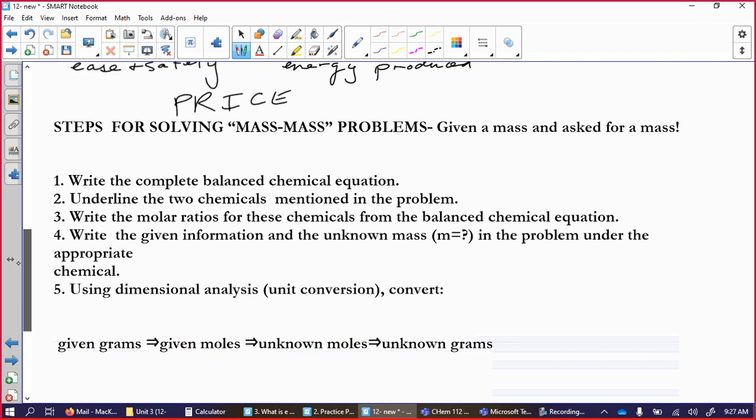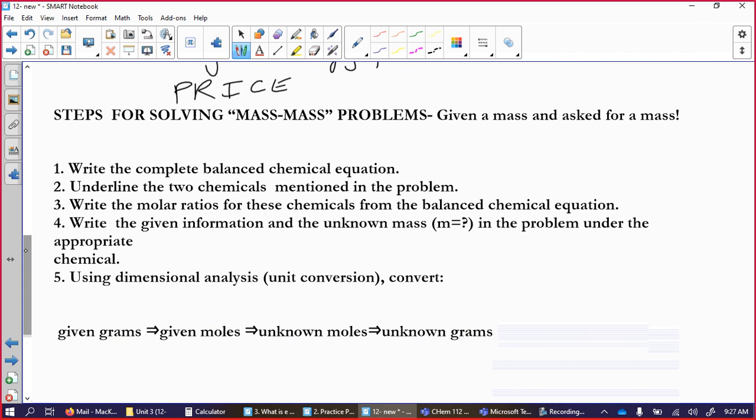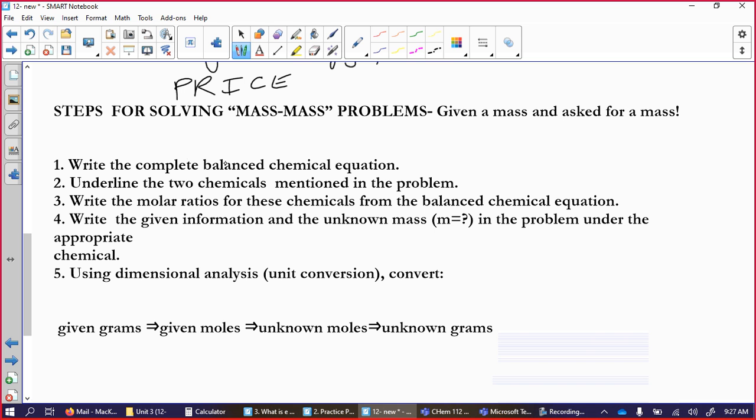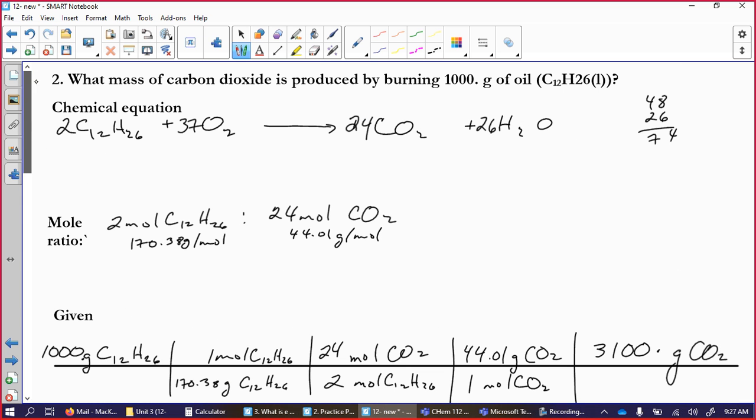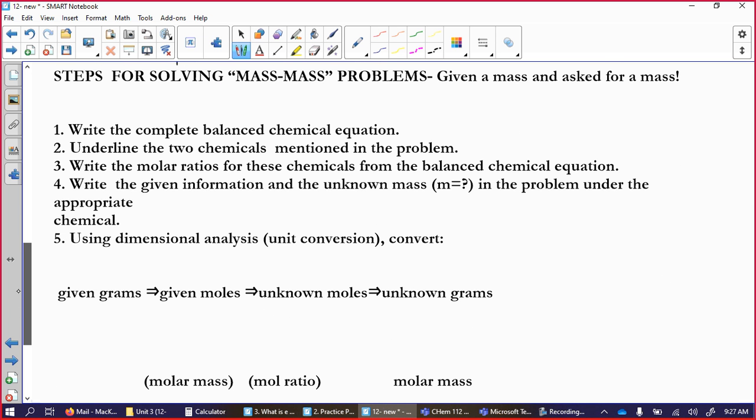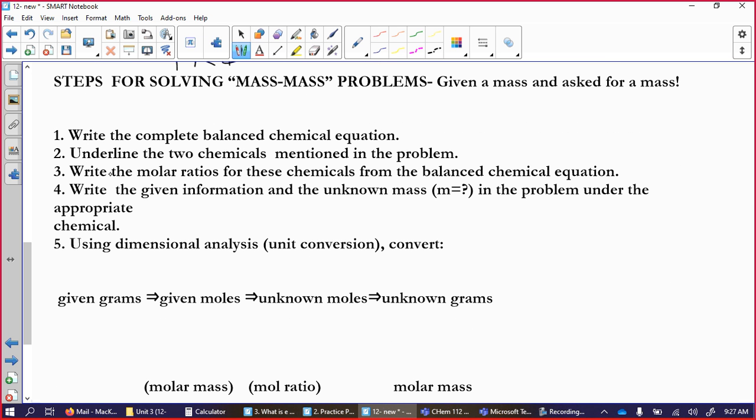So these are our steps. Write a complete balanced equation for the chemical reaction. I tend to underline the 2 things that are in the problem. I have 1,000 grams of oil, mass of carbon dioxide. So we know that's what we're looking at. Write the molar masses under them.